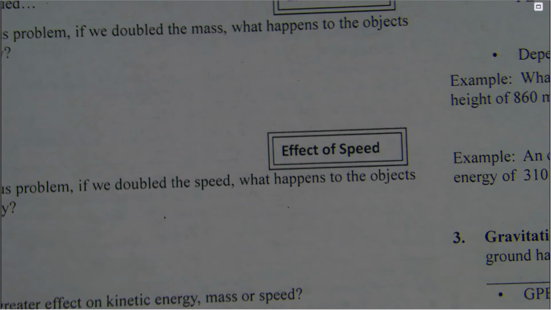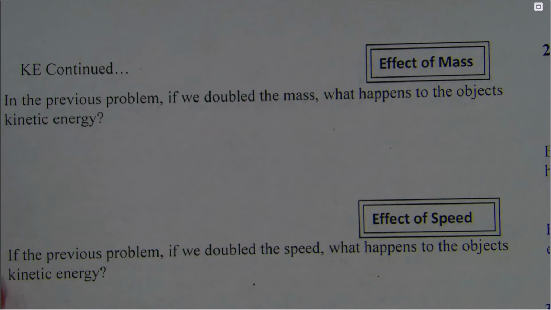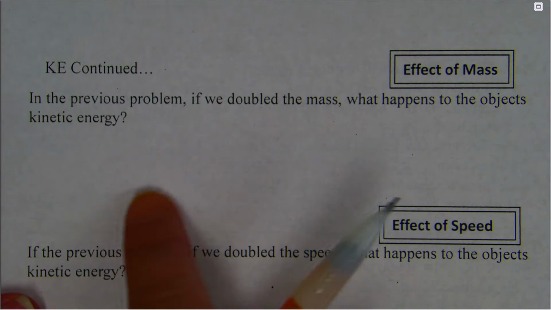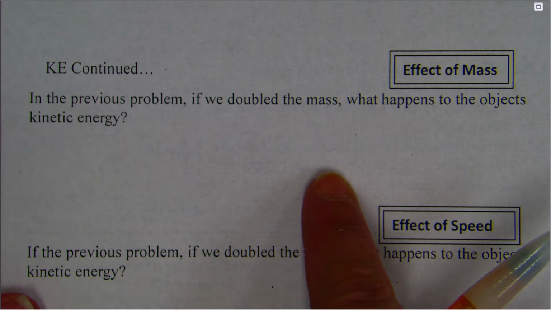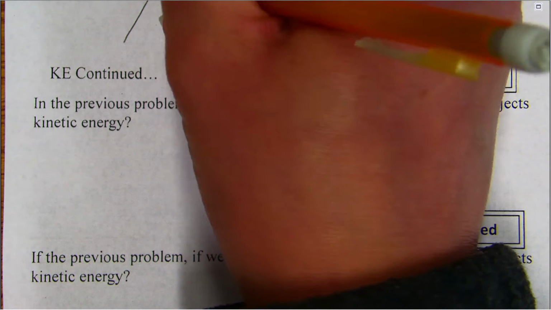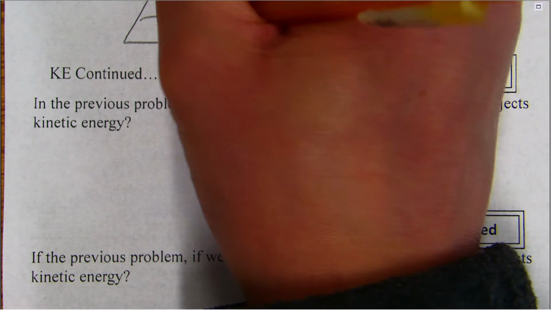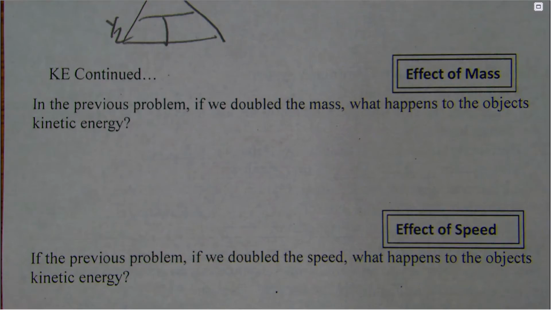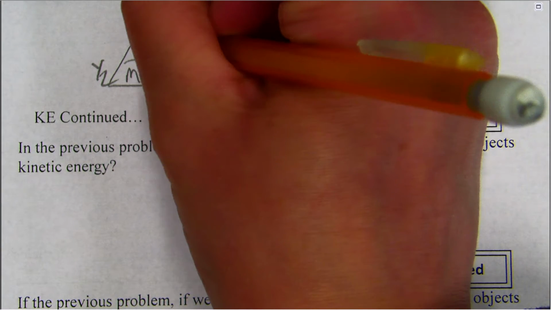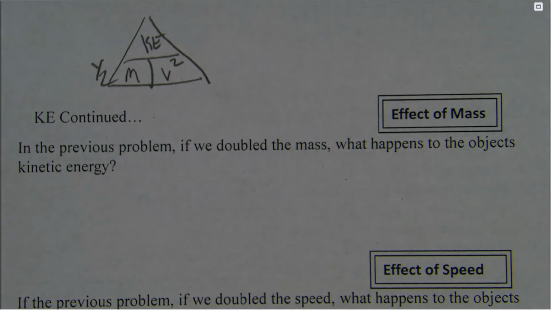So how does the mass affect kinetic energy? In the previous problem, if we double the mass, what happens to our kinetic energy? Again, here's my triangle, just so we have a visual: 1/2 times mass times velocity squared, where kinetic energy goes on top.